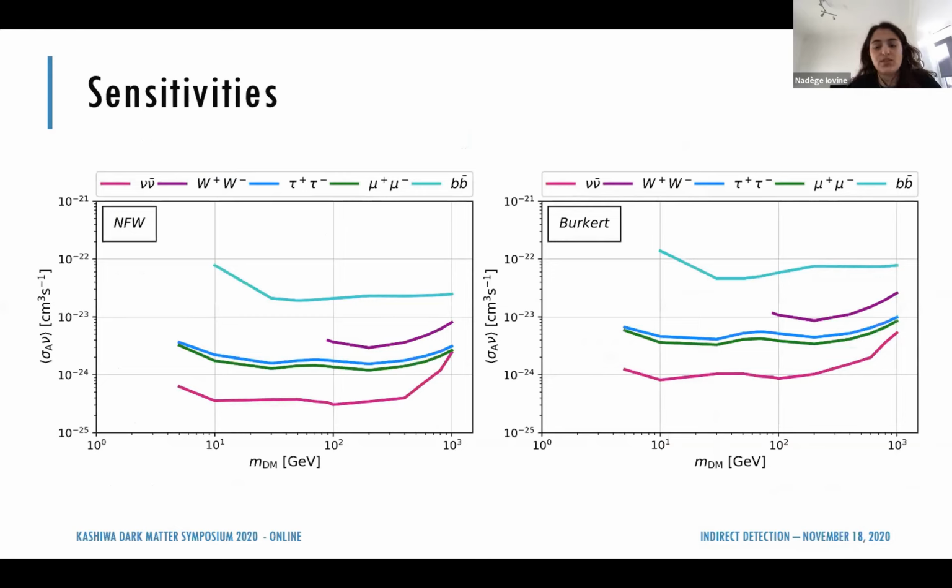So here are shown the sensitivities obtained for all dark matter annihilation channels considered, for both the Navarro-Frenk-White halo profile on the left and the Burkert halo profile on the right. These sensitivities can be compared to the previous IceCube results to get a better idea of how things improved.